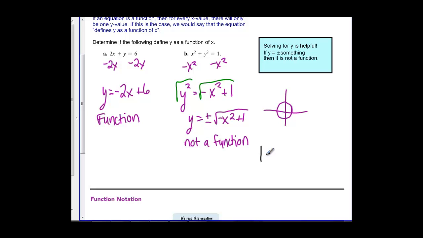If I have absolute value of y equals x, and I tell you x is 3, what's y? It'd be minus 3 or plus 3. So if you have absolute value of y, or a squared y, you're not going to end up with a function. So look for those, but also just think about it, because if you can come up with one example where you put an x in and you get two y values, that's enough to prove it's not going to be a function.